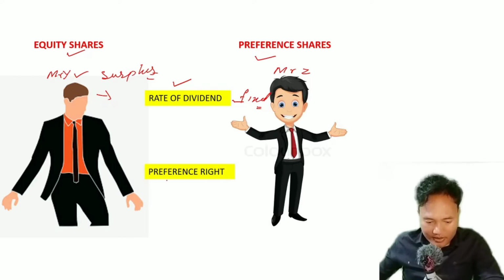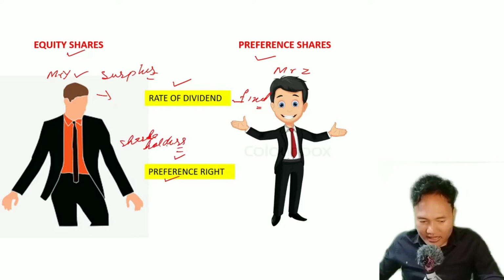Next we have preference shares. Now what do you mean by preference shares? Preference shares are those shares where the preference shareholders have the right to get the dividend before any dividend is given to the equity shareholders.